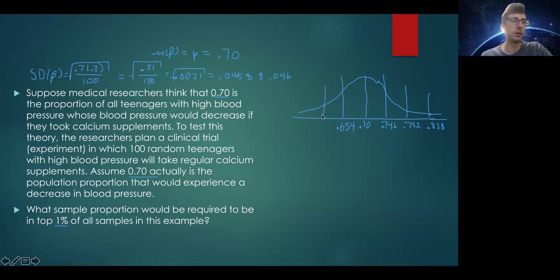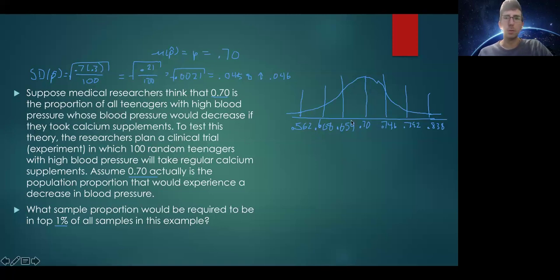If we go down a second standard deviation, we'll subtract another 0.046 and get 0.608. And then if we go down our third standard deviation, subtract another 0.046, we'll get 0.562.